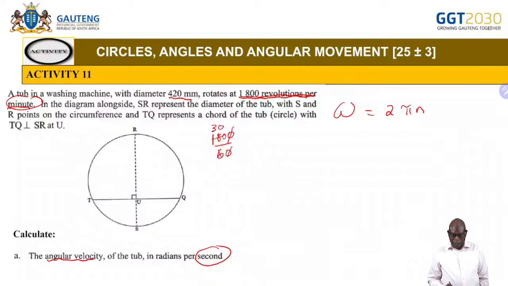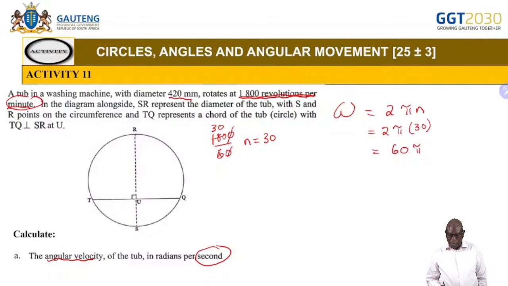So my number of revolutions will be 30 revolutions per second. Now I'm going to substitute 2 pi multiplied by 30. Then the answer will be 60 pi. Leave it like that. Don't try to multiply the 60 with the pi and get decimals. So the biggest issue here is taking minutes to seconds.